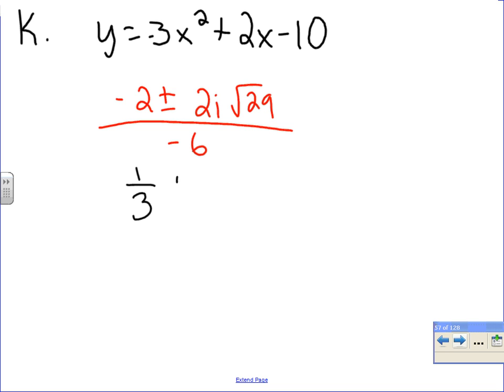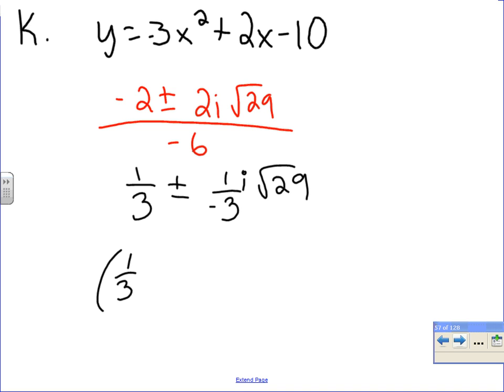I would do 1/3 plus or minus negative, or 1 over -3, however you want to write it, i square root of 29. So when you're simplifying, if the signs end up being different, I would split them up like that and then separate them and write your 2 ordered pairs. Now, do you have to do that? No, but I don't want you to make a silly mistake because you simplify wrong.